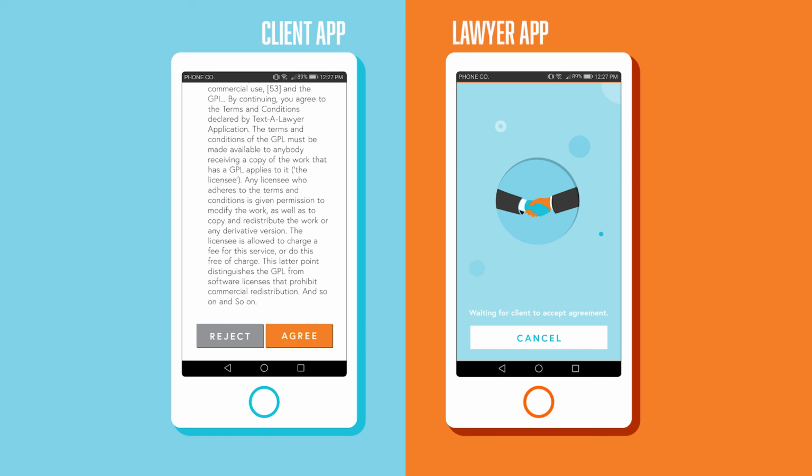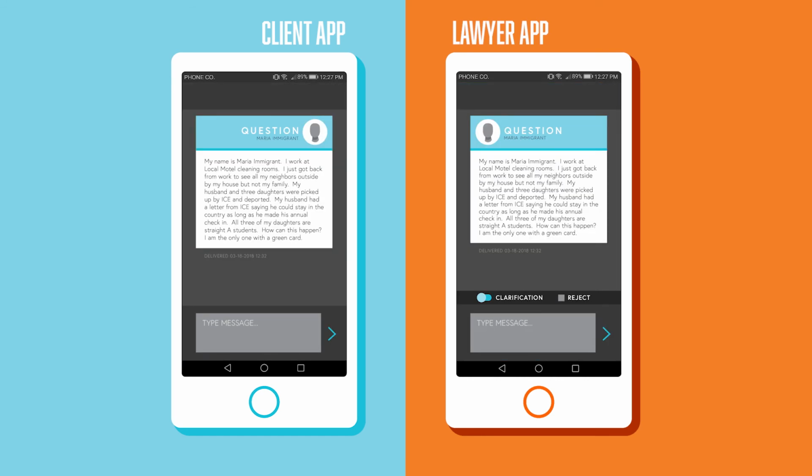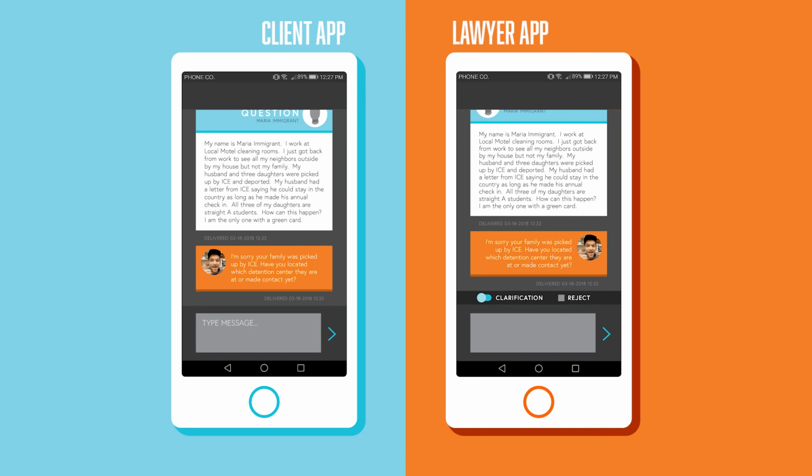Maria accepts the engagement letter and they connect in the chat window. "I'm sorry your family was picked up by ICE. Have you located which detention center they are at or made contact yet?" Maria responds, "No, I just found out. What do I do?"